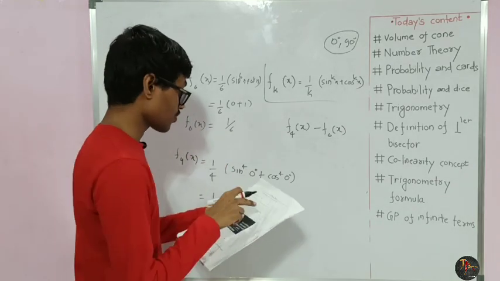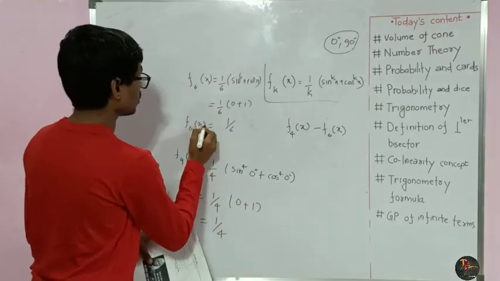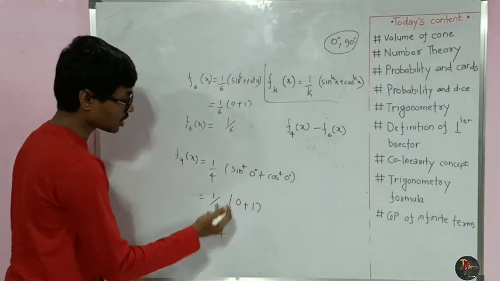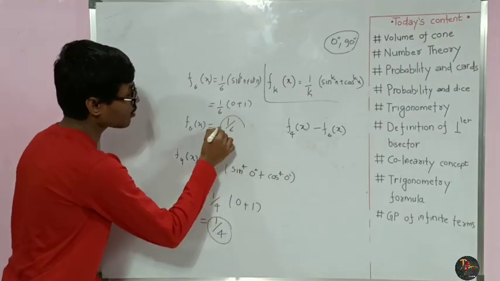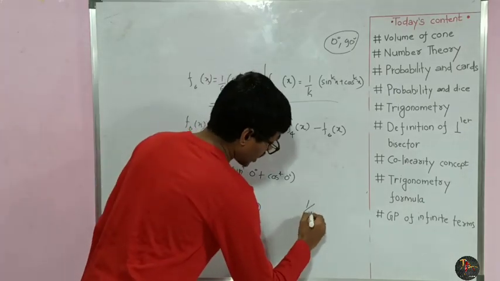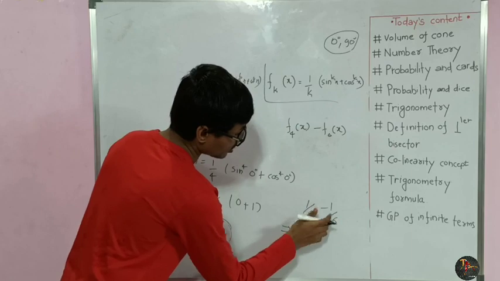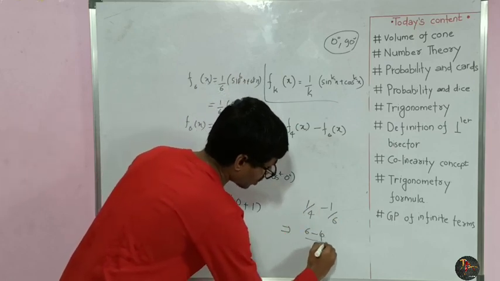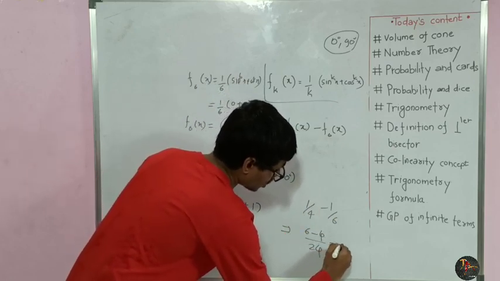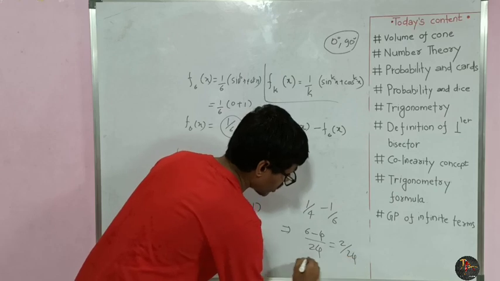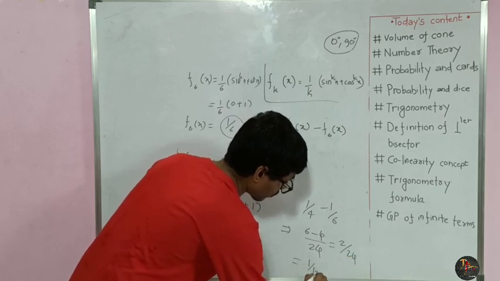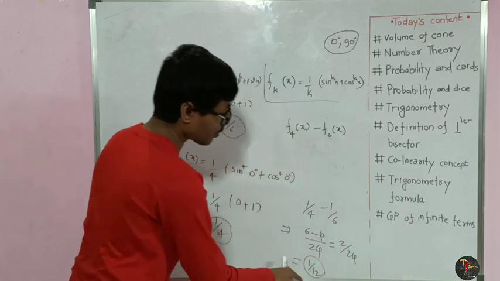Now we have to find f4 of x minus f6 of x. Then we will get 1 by 4 minus 1 by 6. So if we calculate 6 minus 4 divided by 24, it will be 2 divided by 24. It will be 1 by 12.